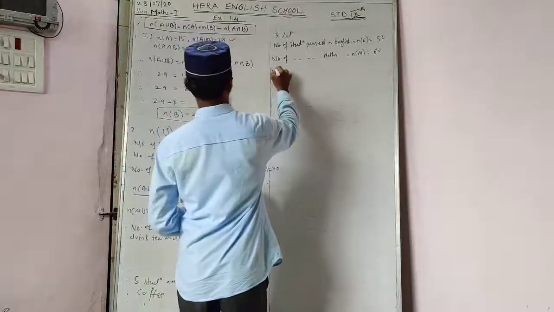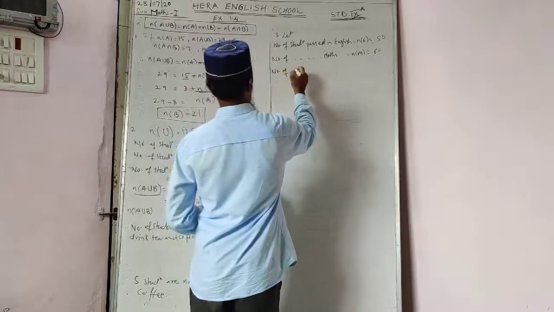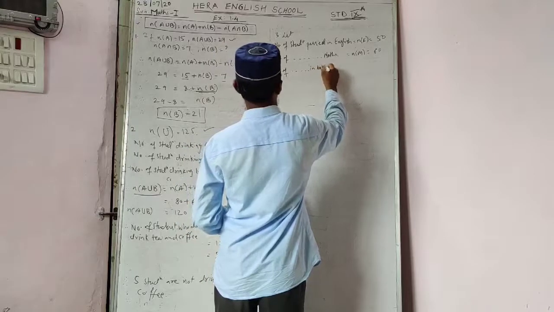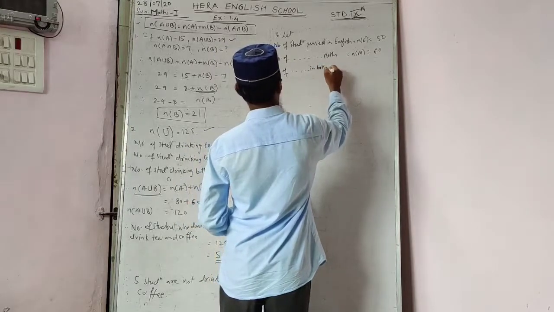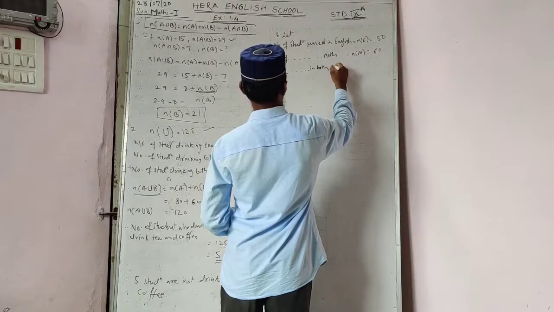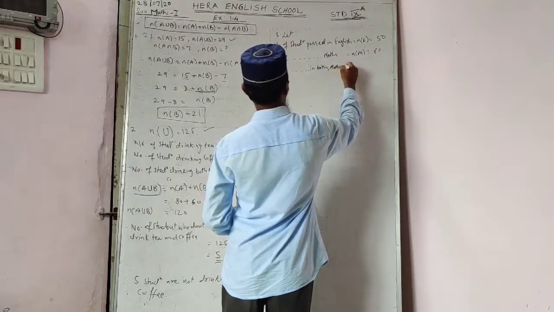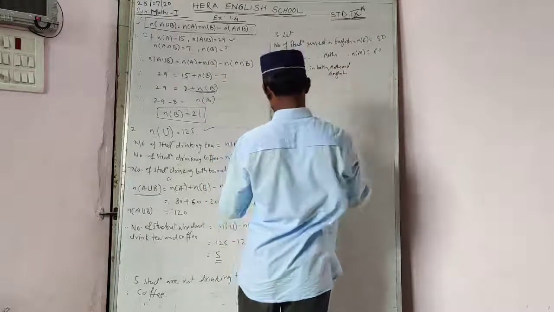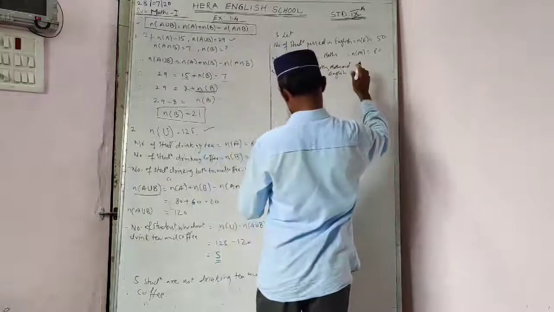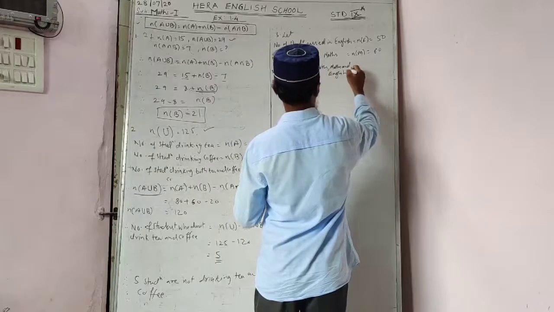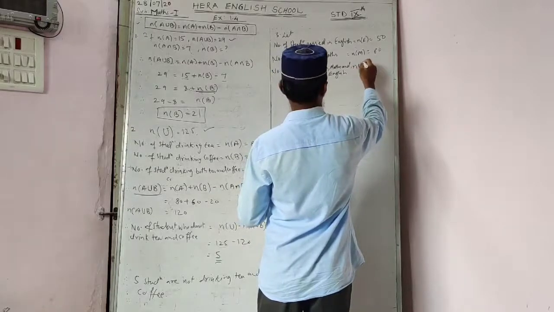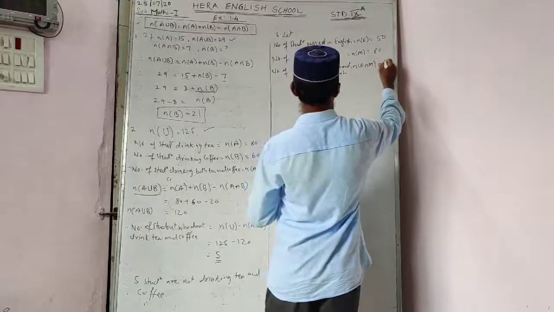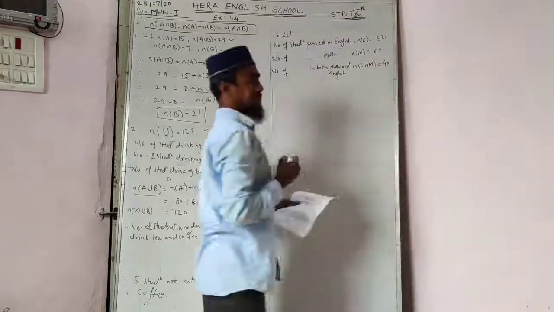So we'll write here number of students passed in both, means maths and English, that is the number of E intersection M. We have that those students are 40.